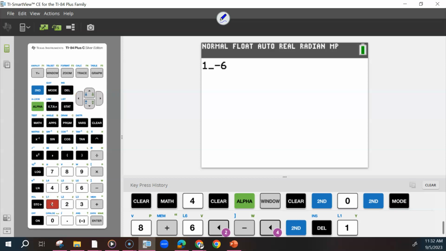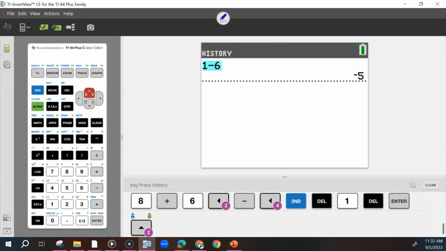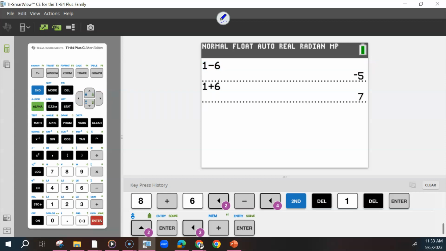I misread it. I thought it was 18. It actually wasn't, so I can delete numbers. So you don't have to use clear. You can if you want. You can also go up like this. Let's say you did it already, you found the answer, but you meant to actually add. You can go back up, make sure it's highlighted, press enter, and then go over and change it.